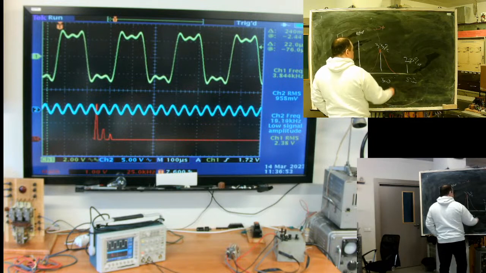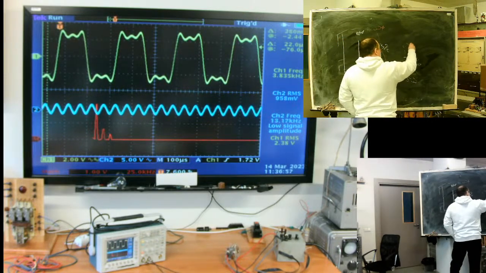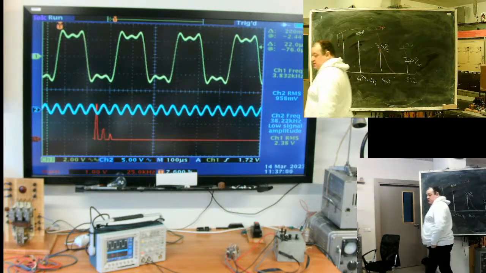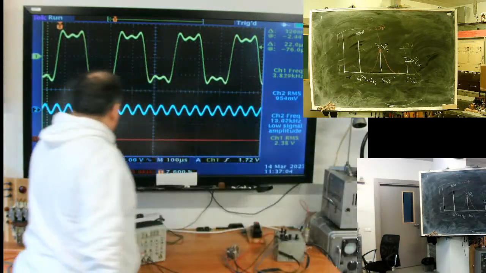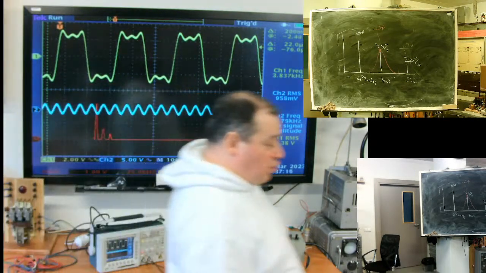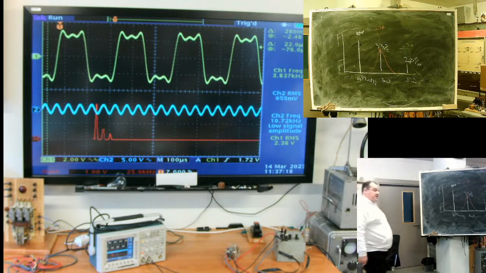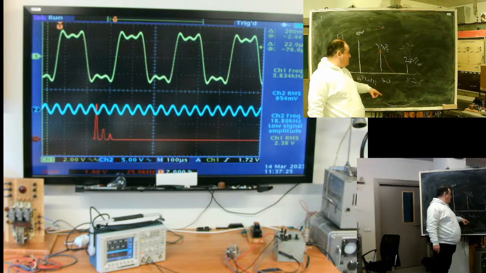Now we have something like this, where 19 kilohertz zero frequency corresponds to the third line of the spectrum. That's how a selective network works. From the whole range of frequencies, it separates according to its characteristics.